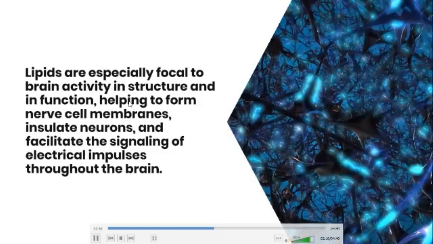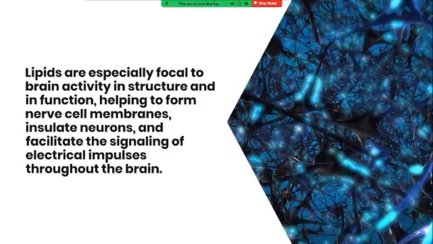That means what fat is signaling and regulating is very important. Fat does very well because it helps with brain activity, in structure and in function, helping to form nerve cell membranes, insulate neurons, and facilitate signaling of electrical impulses through the brain.